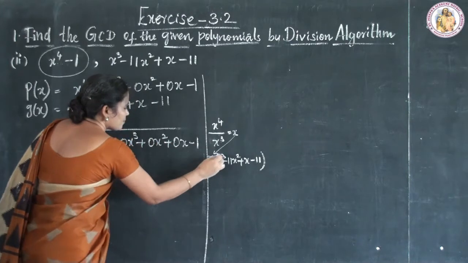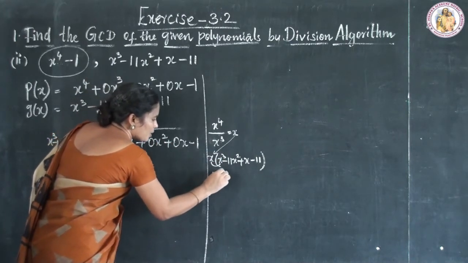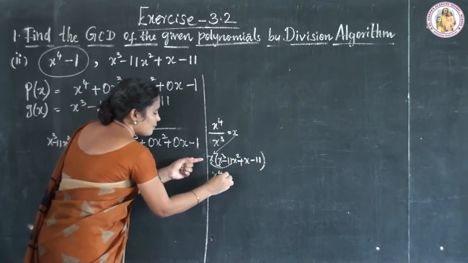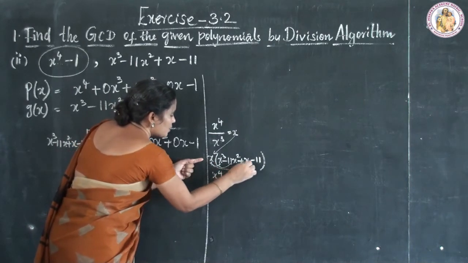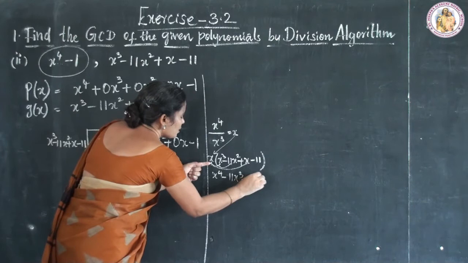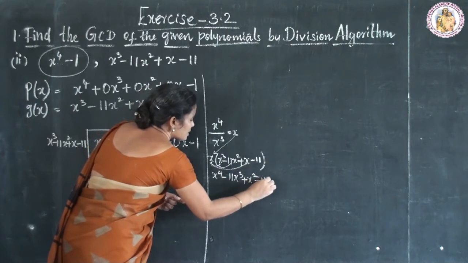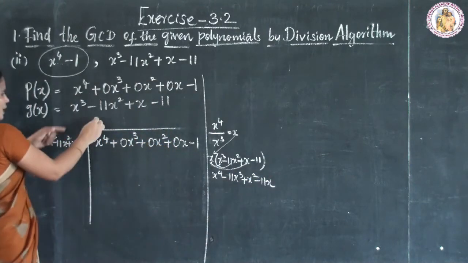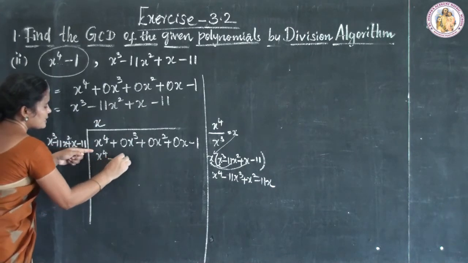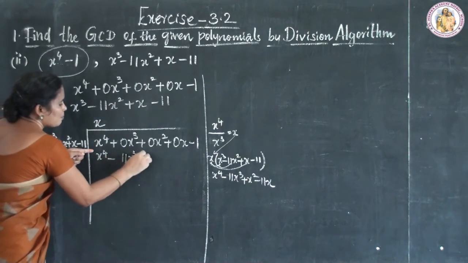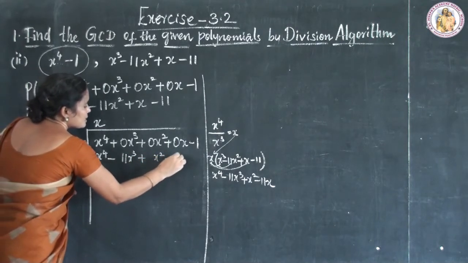Now multiply x into x cube, x to the power of 4, x into 11 is minus 11x cube, x into x is x square, minus 11x. So x to the power of 4 minus 11x cube plus x square minus 11x.